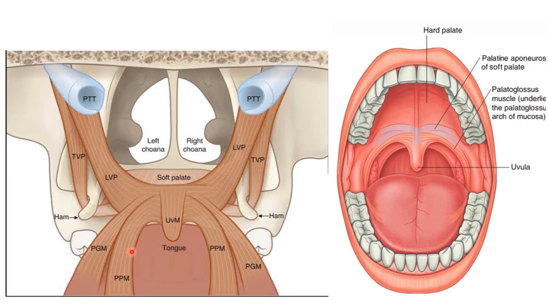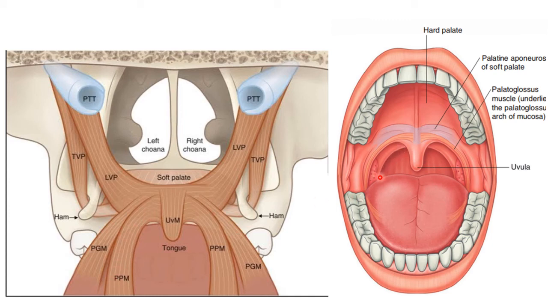Next is the palatopharyngeus muscle. The palatopharyngeus muscle arises by two fasciculi. The anterior fasciculus arises from the posterior border of the hard palate, and the posterior fasciculus arises from the palatine aponeurosis.